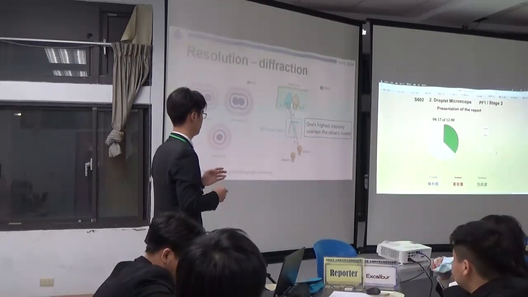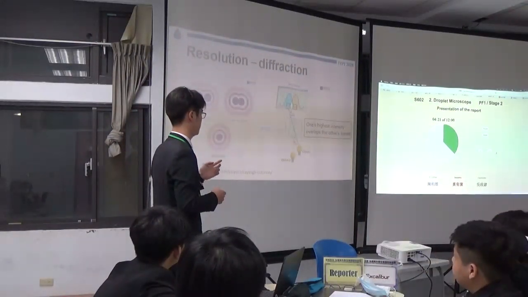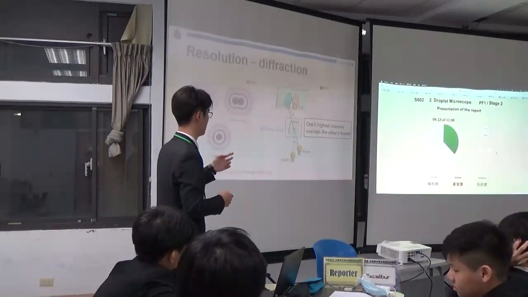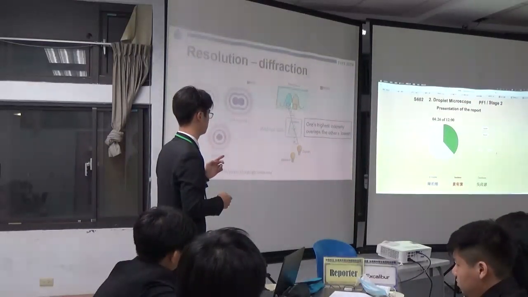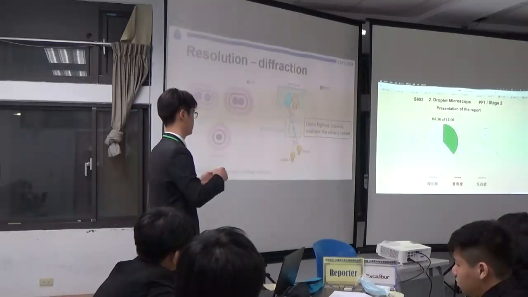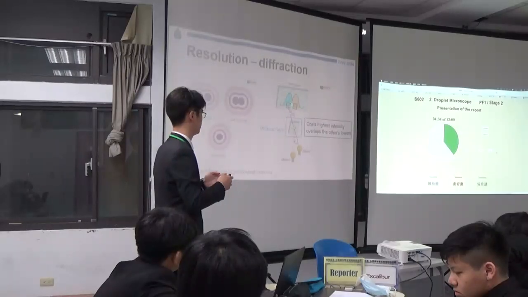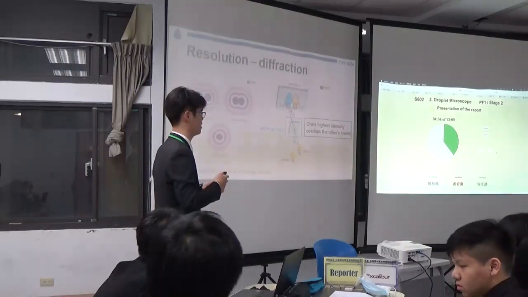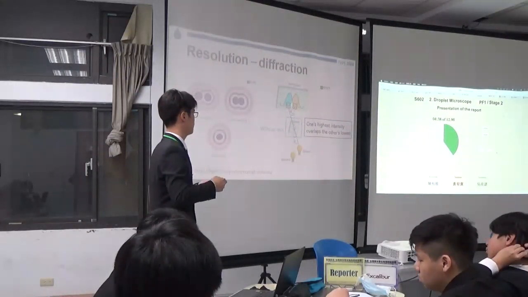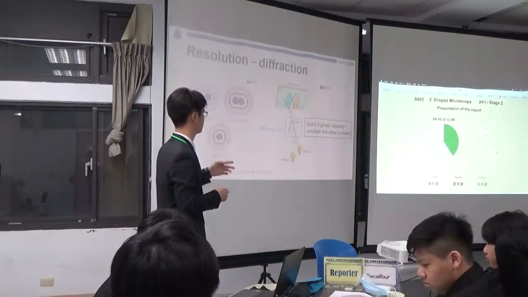And for the definition given by the Rayleigh criterion, it supposes 2 objects, and the light emitting from the 2 objects will go through a circular hole, then diffraction will occur. And because of the interaction of constructive interference and destructive interference, it will form a shape of intensity just like this.